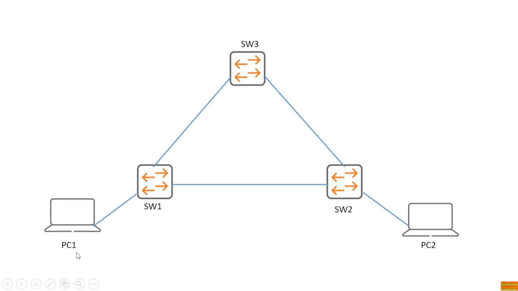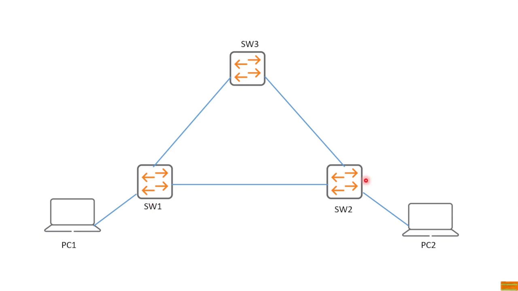And you have two PCs, PC1 and PC2. So when PC1 sends broadcast traffic, it will be sent out by the switch 1 to all ports, that is towards SW3 and towards SW2, except back to PC1, to all ports except the port that it receives that broadcast traffic.